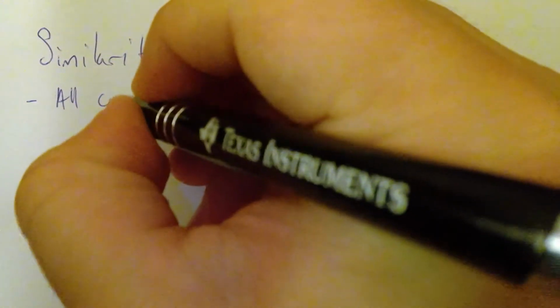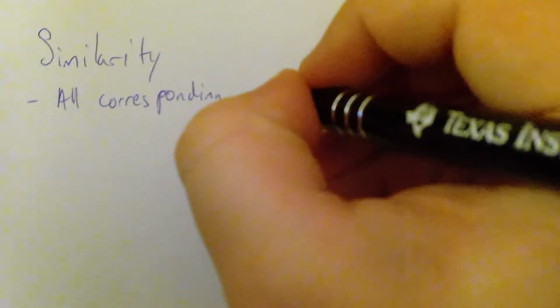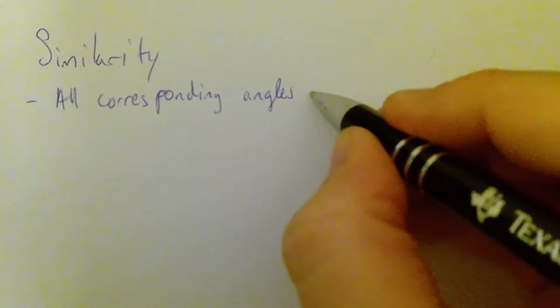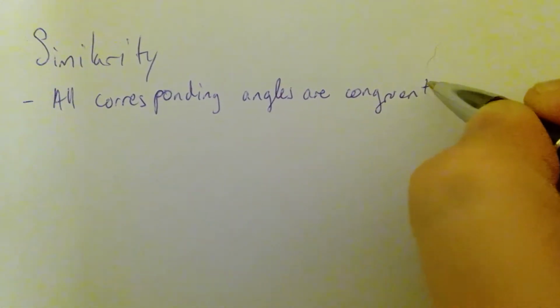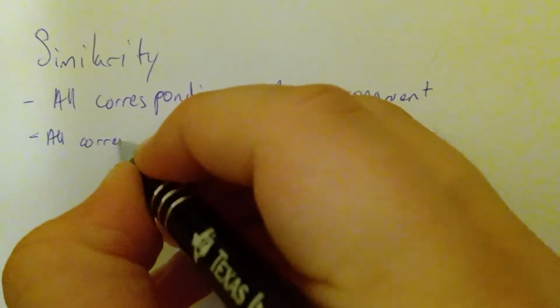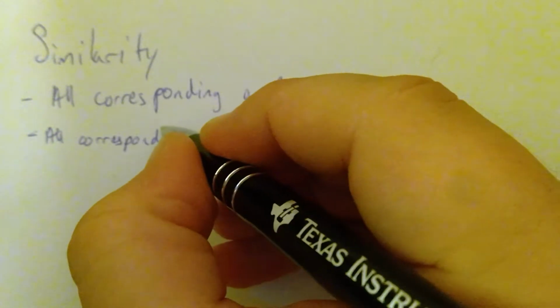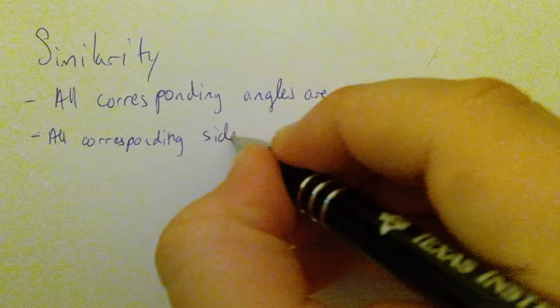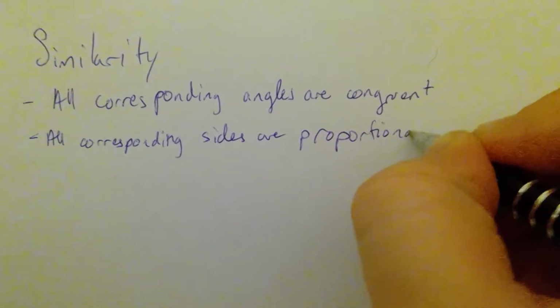Okay, so we have similar figures when all corresponding angles are congruent and all corresponding sides are proportional.